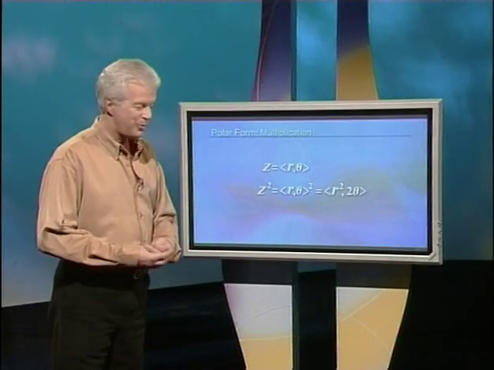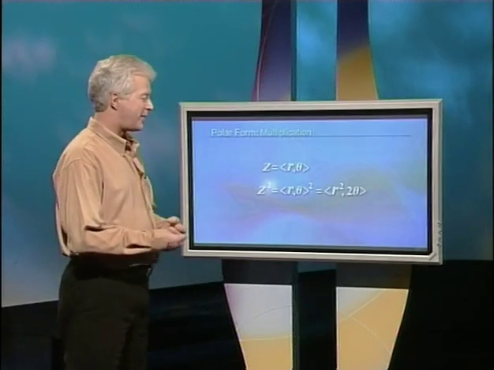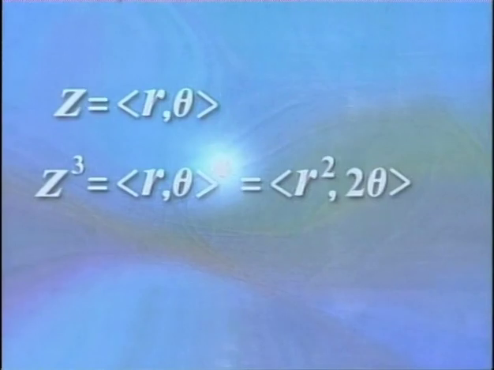Now, following on from this, if we wanted z cubed, that would be r theta all cubed, which would be r cubed, 3 theta. And the general case for n, any natural number, z to the power n would be r theta to the power n, r to the n, n theta. And that's exactly what Sarah needs in order to do the problem.